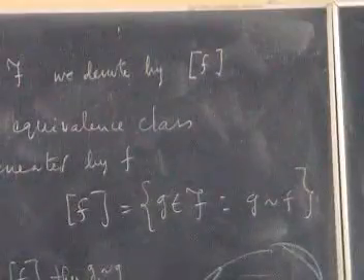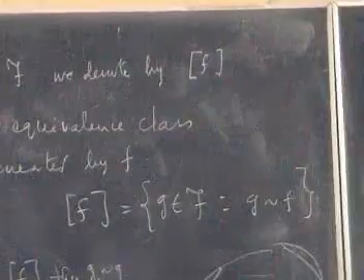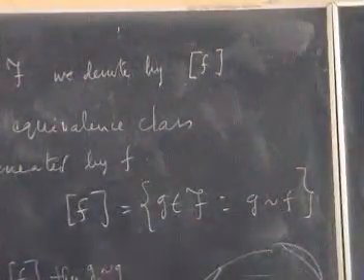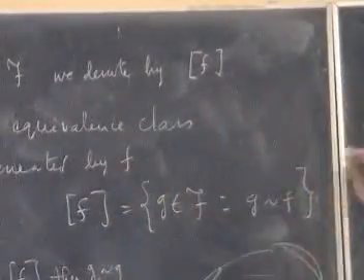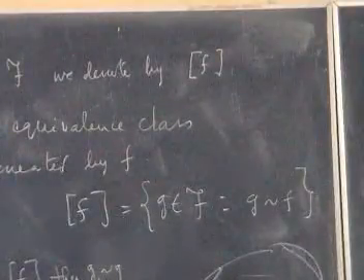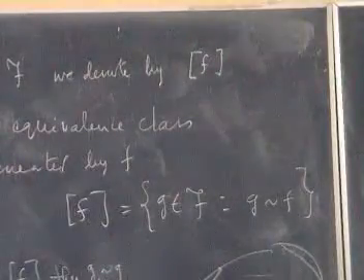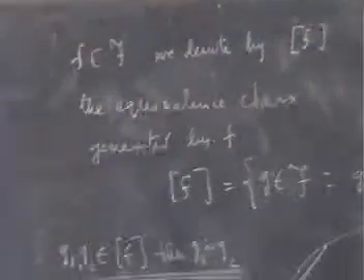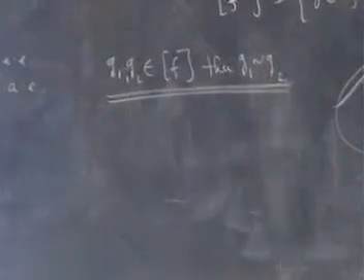So all the fellows in that box are equivalent to each other and equivalent to F. Then F belongs to the equivalence class, obviously, because F is equivalent to itself. The important thing is, if you take two equivalence classes, one generated by F and another generated by G.